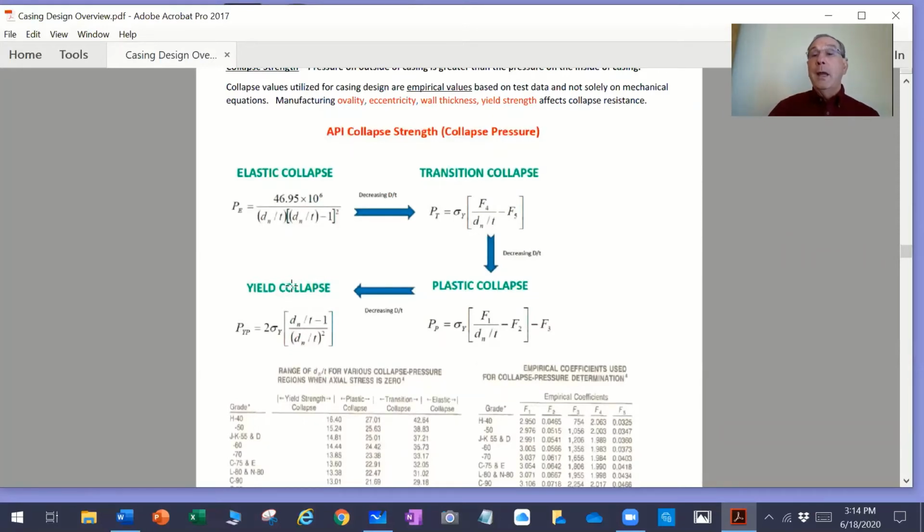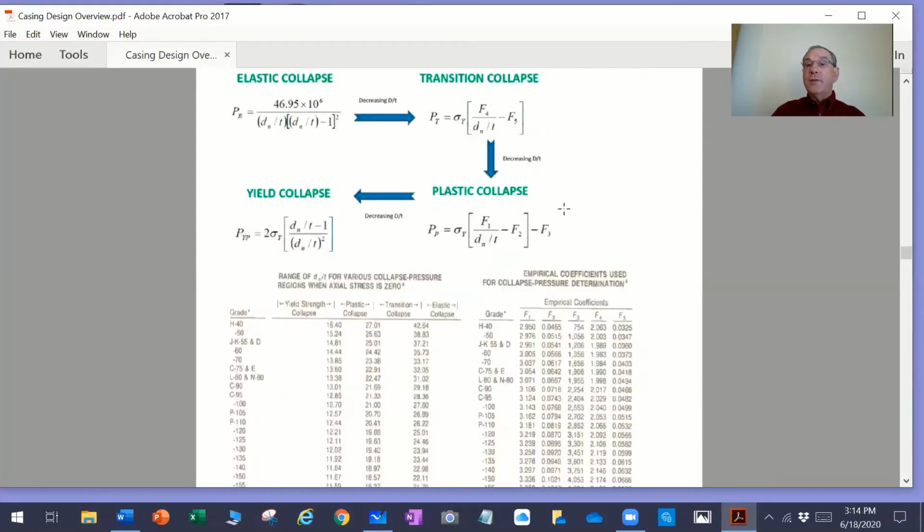You don't know necessarily which one of these equations applies. So what you can do, if you wanted to, would be to calculate all four values and see which one is the lowest value. Whichever one was the lowest value would be the controlling limiting collapse value for that casing. But you don't have to do that.